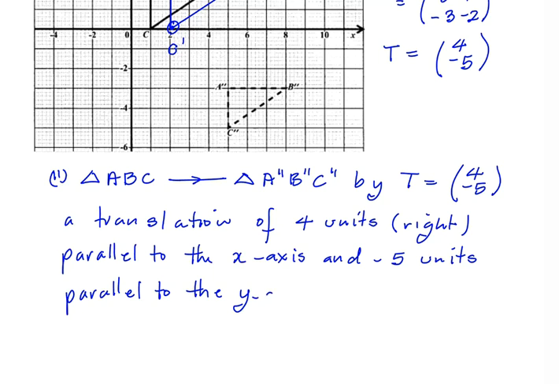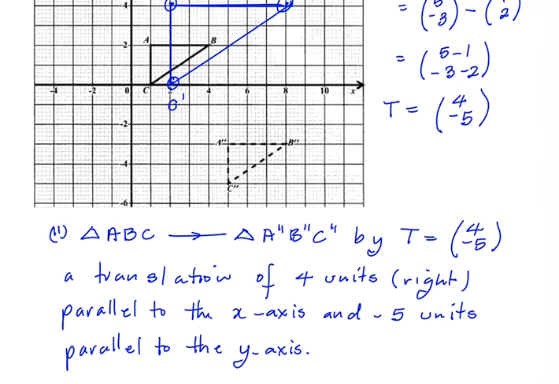All right. So, in other words, to get from ABC to A double prime, B double prime, C double prime, I had to move triangle ABC 1, 2, 3, 4 units to the right and 1, 2, 3, 4, 5 units down.